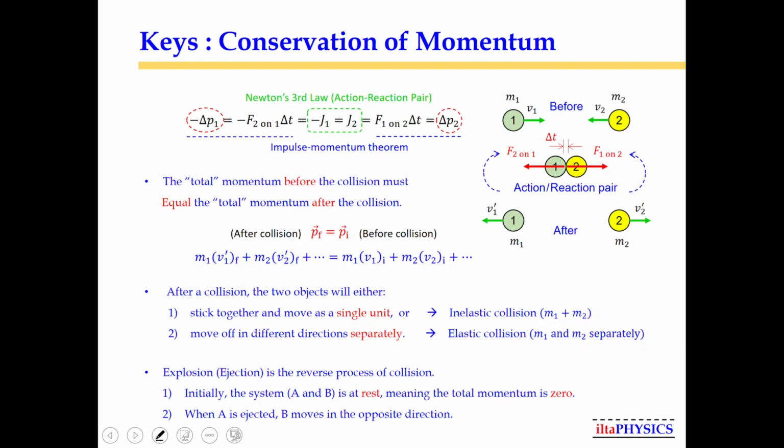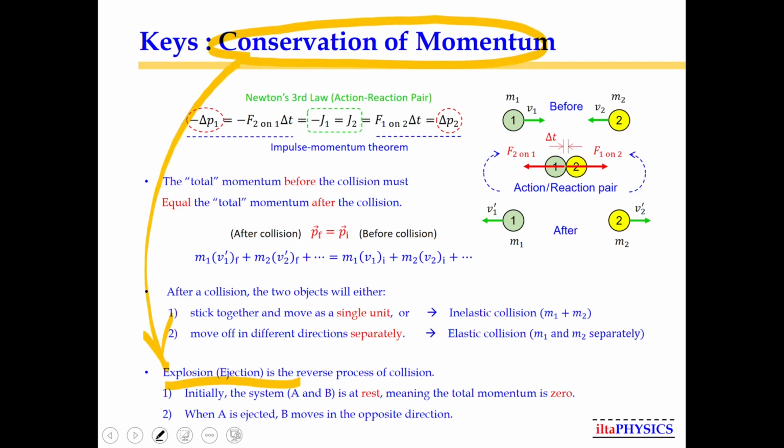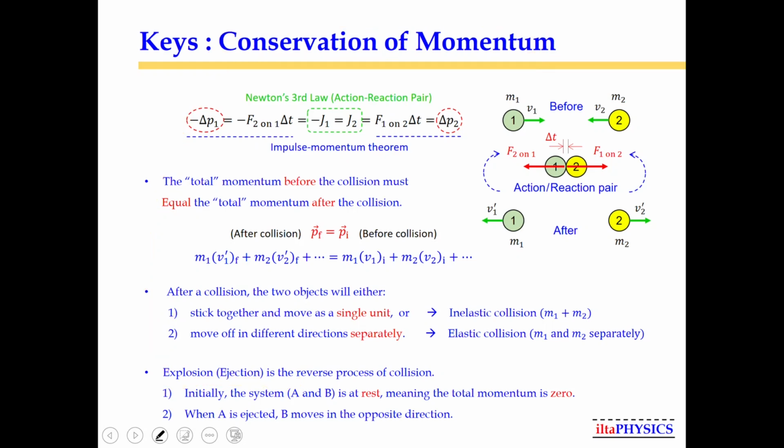Finally, physical phenomena like explosions or ejections can be interpreted as the reverse process of a collision. From the perspective of conservation of momentum, an explosion or ejection event starts with two objects joined together, usually at rest. Let's call these two objects A and B for convenience. Since they are at rest before the explosion, their velocity is zero, which means the initial momentum is also zero.